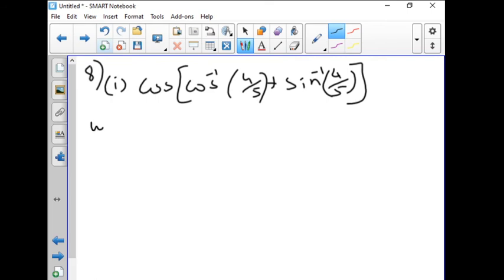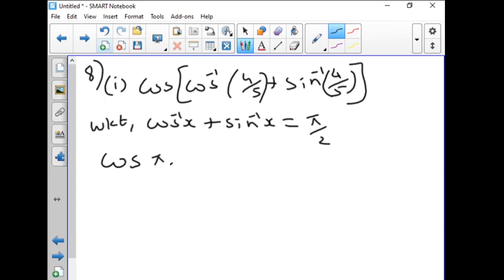Okay, here we have a property that cos inverse of x plus sin inverse of x is equal to pi by 2. Okay, this is a property which we will be proving later. So now you assume it. Therefore, it becomes cos pi by 2, which is equal to 0.